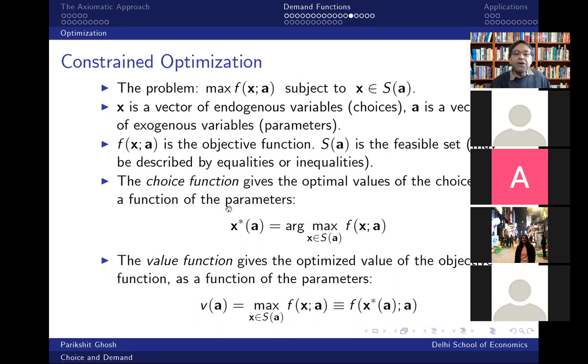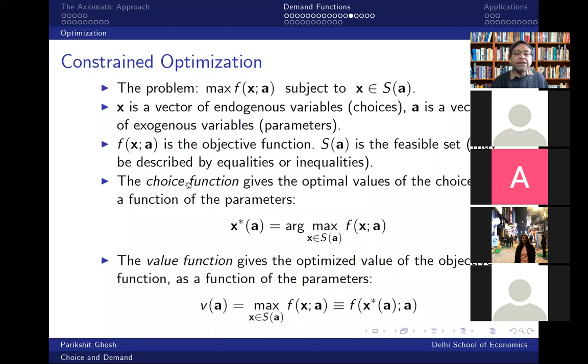Yes, the choice function is the generalization of the demand function. It's the same idea for an arbitrary problem, not necessarily the consumer's problem, but any constrained optimization problem. So the demand functions are manifestations of the choice function in the case of the consumer's problem.